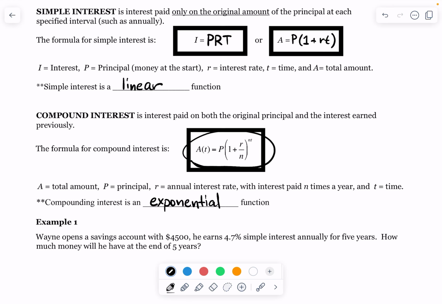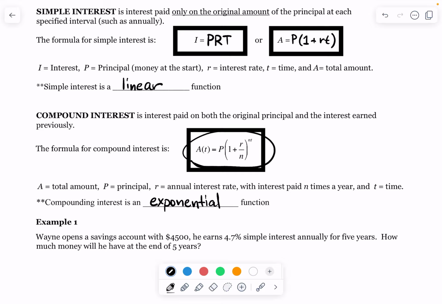The formula for this is that the amount that you end up with after a certain amount of time is equal to the principal that you invest times 1 plus the annual rate of interest, or whatever your time frame is, divided by n, the number of times that it compounds, meaning it might compound and give you a new amount every month.